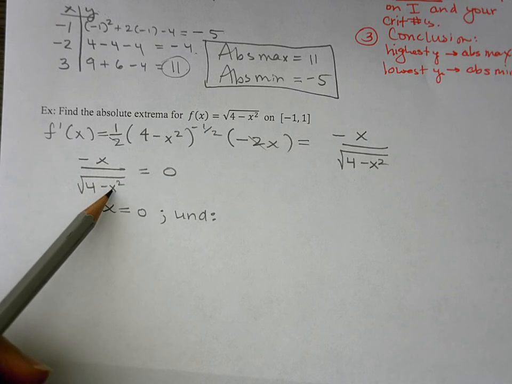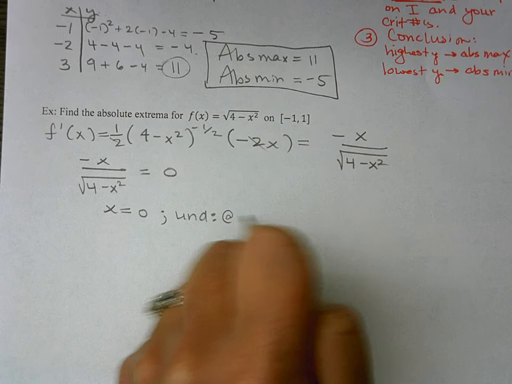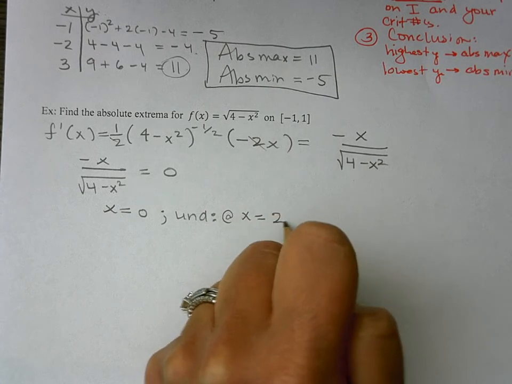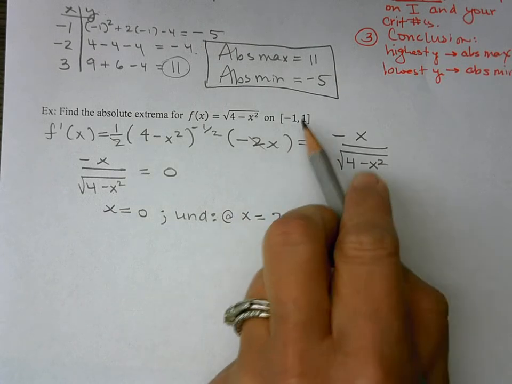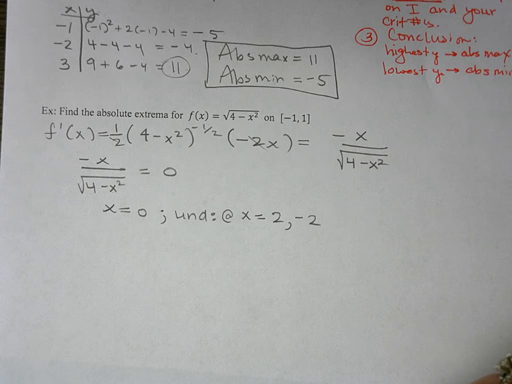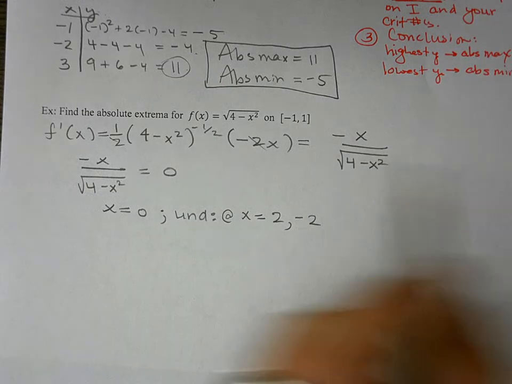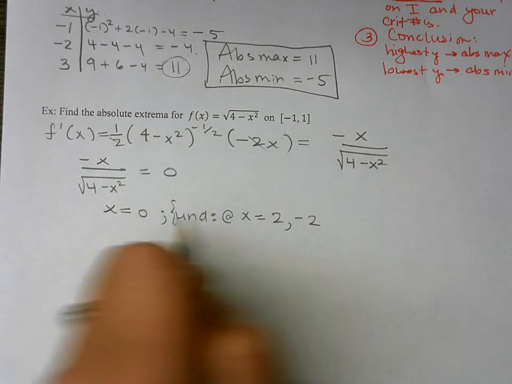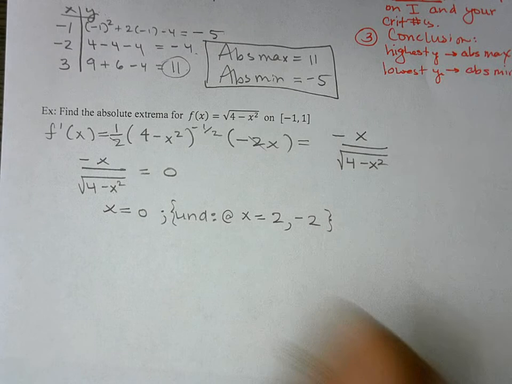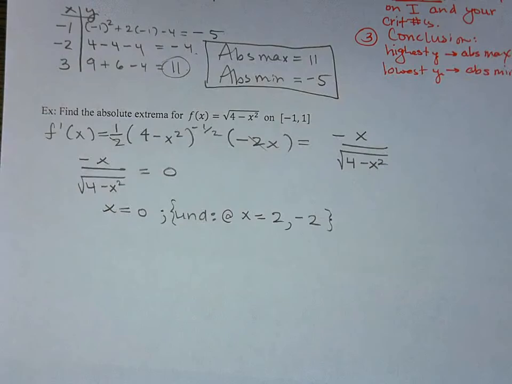And that would be at 2 or -2, so it's undefined at 2 or -2. But the nice thing is those are not in my interval, so I don't have to check those out. So woohoo, okay? So this is just information that is good to know how to find, but not needed for this problem. Okay, so then step 1's done.